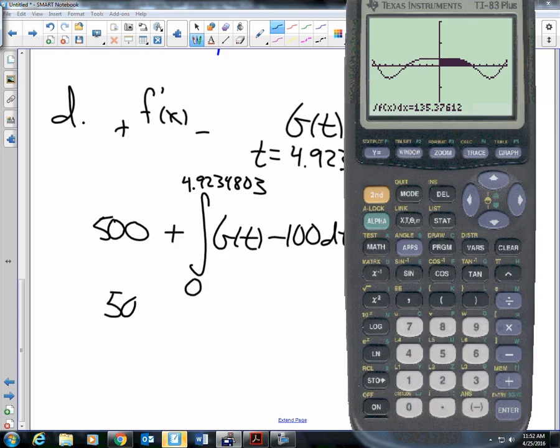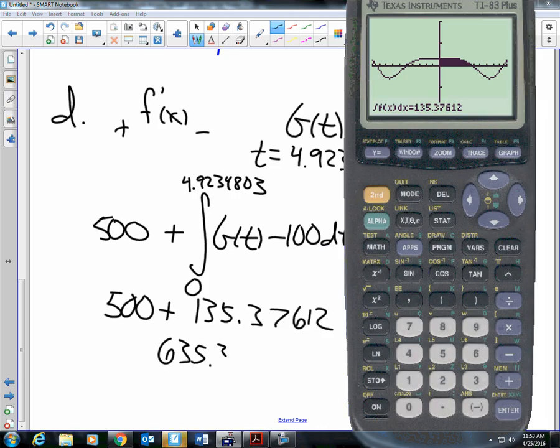So I get 500 plus 135.376, and I get 635.376 tons.